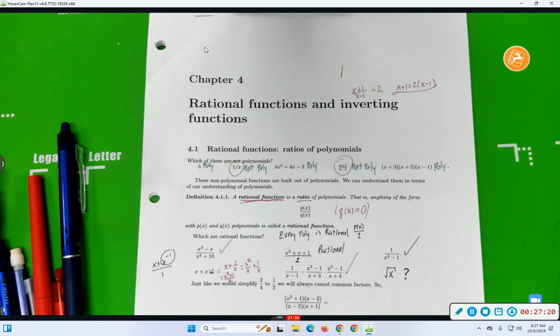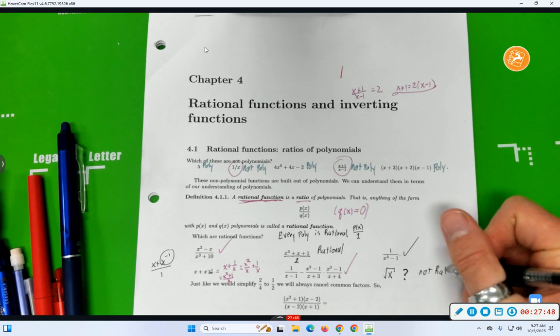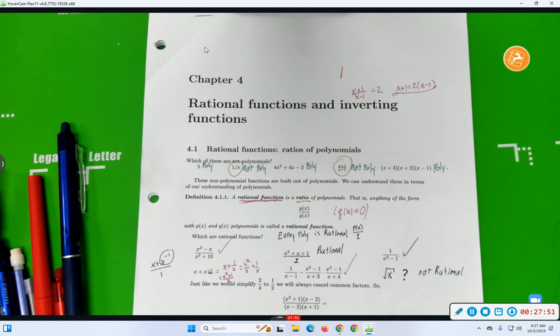If I ask you to take the square root of a number, can you do that by doing addition, multiplication, subtraction, division, and that's it? You can't, right? Square rooting is a different thing. Square rooting can't be made out of just addition, subtraction, multiplication, division. Square root is a new thing. It's not a rational function. And we'll see a few comparisons in just a little bit that I think will help convince you of that. Rational functions have very particular types of graphs.